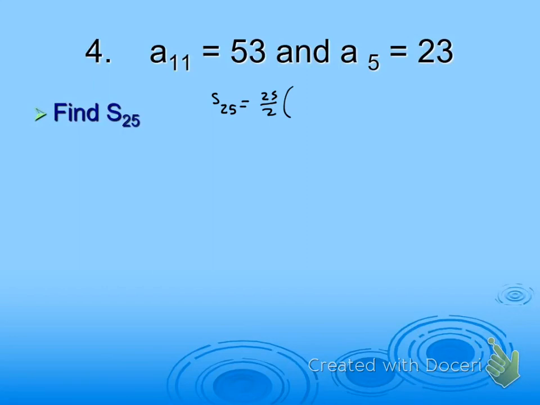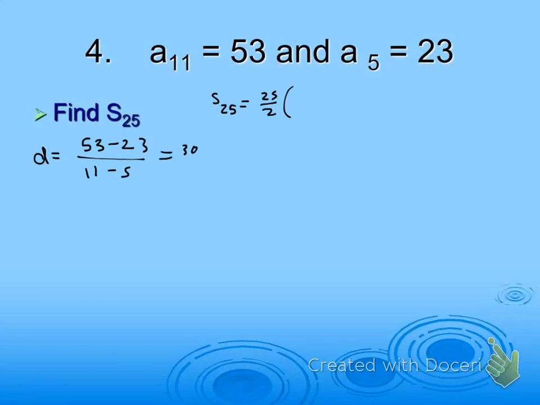Ryan? The difference, the D, that D thing. And how do we find how much it's increasing or decreasing? What would I do here? It's simply the slope, right? I'm going to take the 11th term, 53, minus the 5th term, 23, over 11 minus 5.